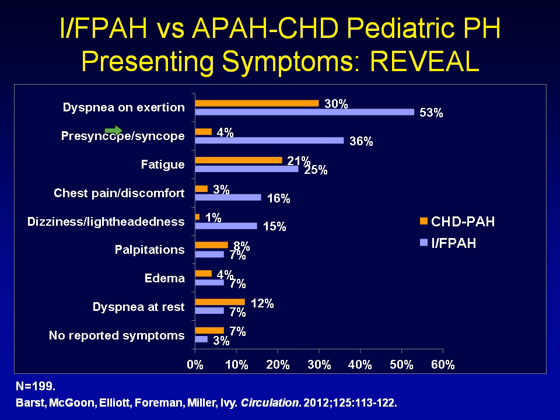But interestingly, children are much more likely to pass out, to have syncope, than adults. So most common is shortness of breath or dyspnea on exertion or difficulty exercising, but children are more likely to present with passing out than adults.